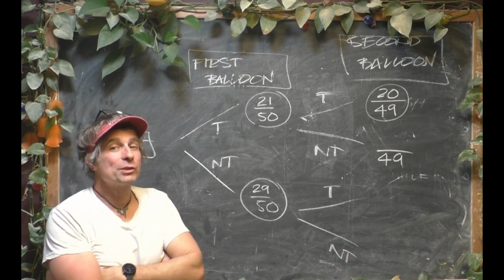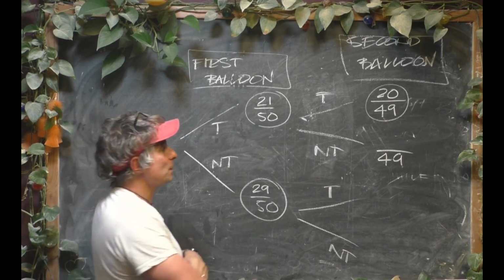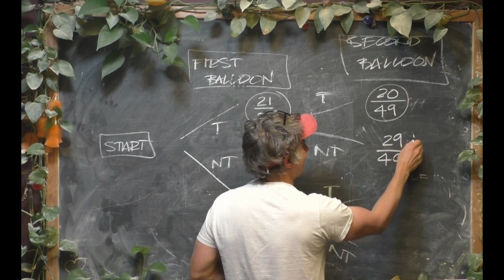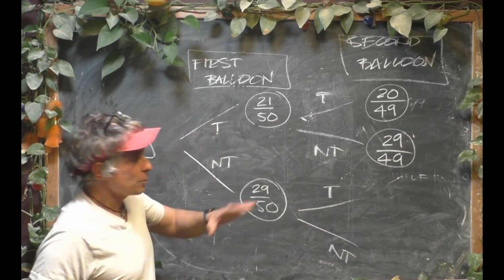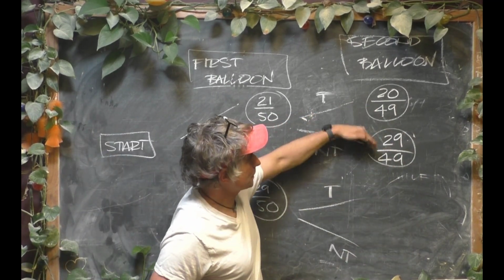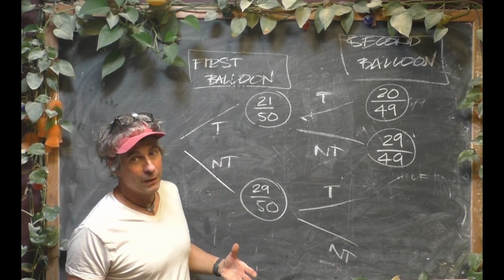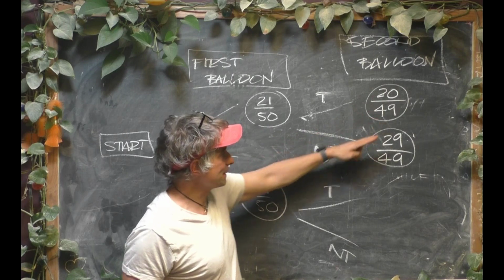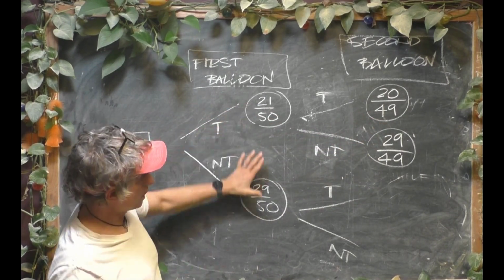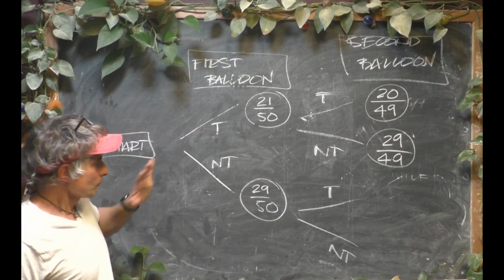And all of those losing balloons are still on the board. So the chance is going to be 29 out of 49. You might notice that these two things add up to 100%, just like these two things add up to 100%. They have to, because one of these two things is going to happen in each one of these little sets of branches.